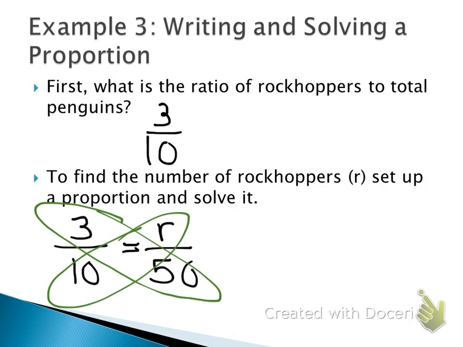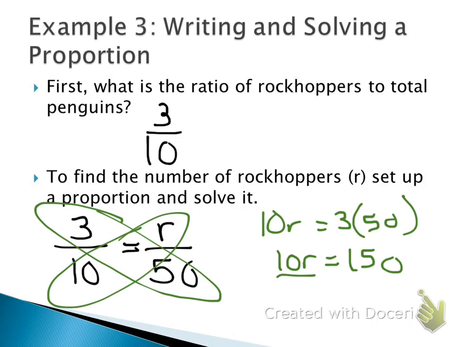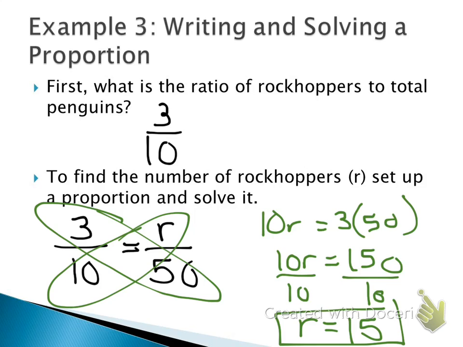All right, so we have 10R equals 3 times 50. 10R equals 150. Divide both sides by 10. And R equals 15. 15 penguins, rockhoppers. All right. And if you understand that, that's everything you need to know for 8.5.